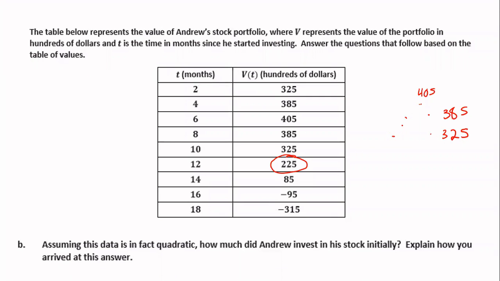So it would have been this 225. That would have been his initial investment, because this was at 6 months, 4 months, 2 months, 0 months.